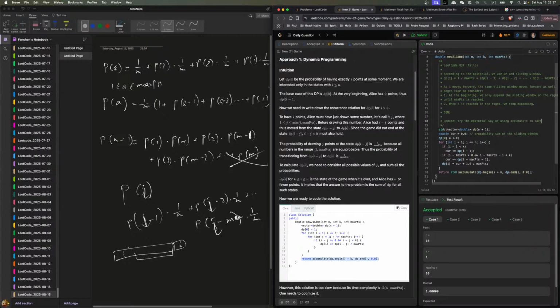Save some cycles of if statement. It's just this one is larger equal to 0 and smaller than k. That's it.